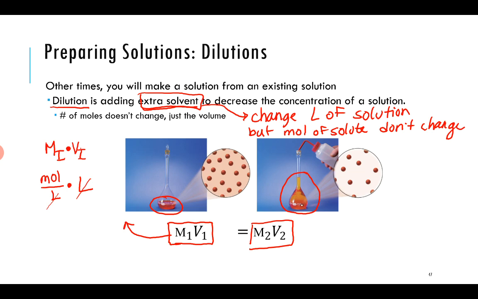Moles per liter is molarity, and I can multiply that by the volume, and I'm going to have the same number of moles in the end. This is what we call the dilution equation. You can say it really quickly, M1V1 equals M2V2, and you can use initials and finals if you wanted to.